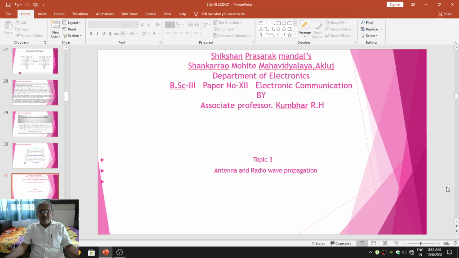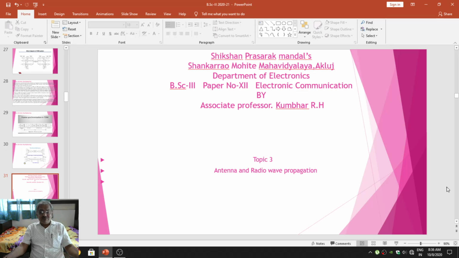Friends, you might be seeing antennas for the television, for the radios, which are used to transmit and even for receiving the signals.